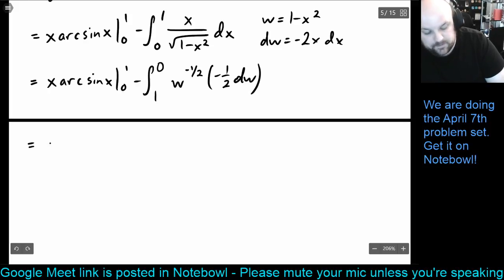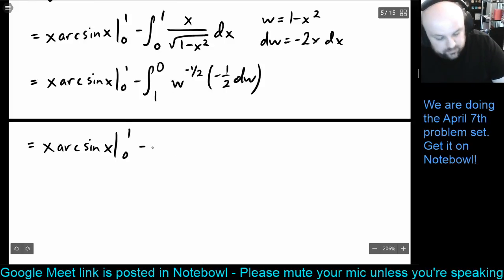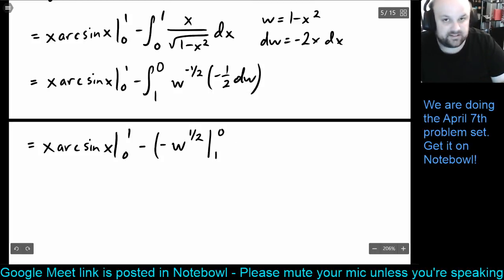Anyway, so x arcsine of x from 0 to 1. Here, we're going to get, when we integrate this, this will be, let's see, negative w to the 1/2 from 1 to 0 when we integrate this. Okay.